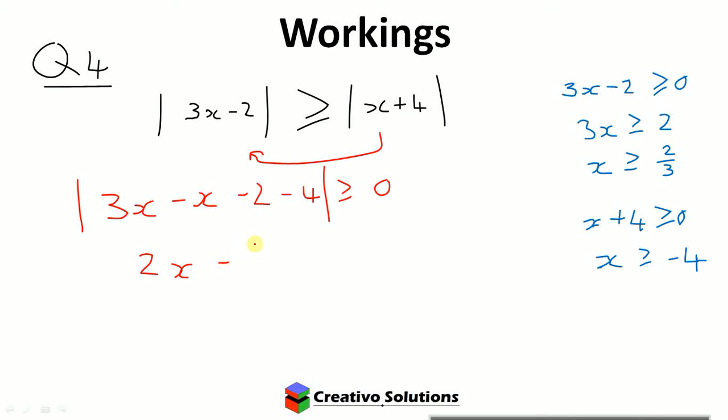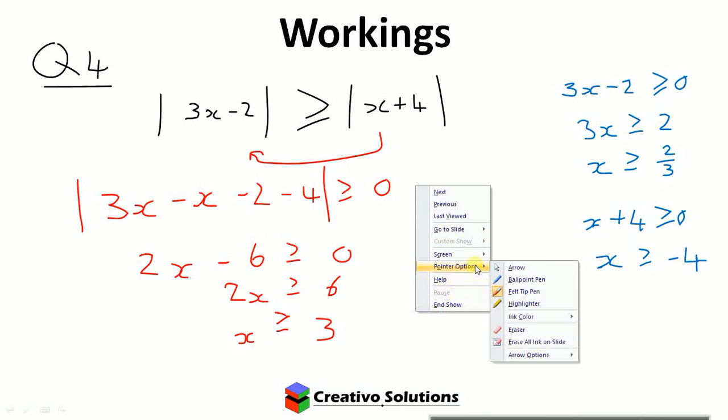Minus 2 minus 4 is minus 6, greater than or equal to 0. 2x greater than or equal to 6. Absolute value means it must be positive, because the absolute value says get the positive number. x must be greater than or equal to 3. Right, makes sense.